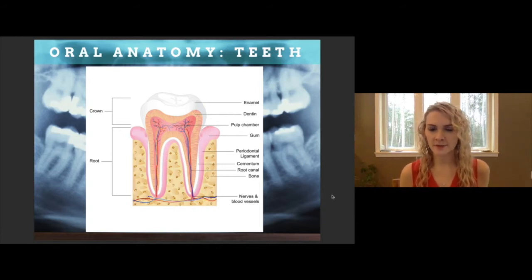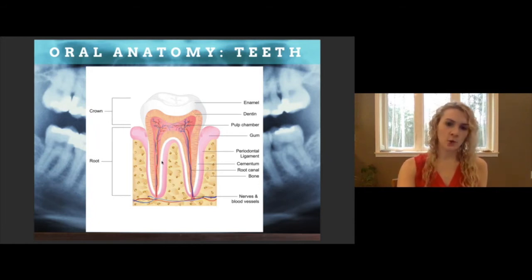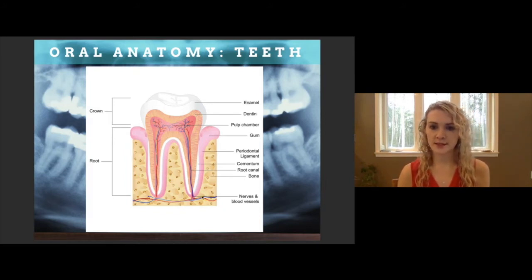Dentin is a little bit softer, kind of like bone, and it protects the innermost layer of the tooth, which is called the pulp chamber, and that's where the blood vessels and nerves live, which keep the tooth healthy and alive. The roots of the teeth sit in something called a periodontal ligament, which is almost like a pillow that allows it to sit comfortably within supporting bone.